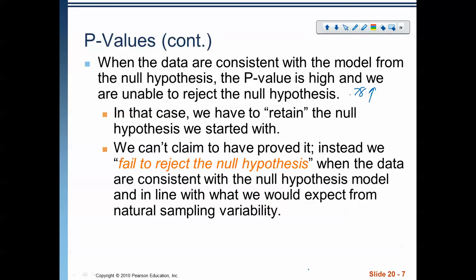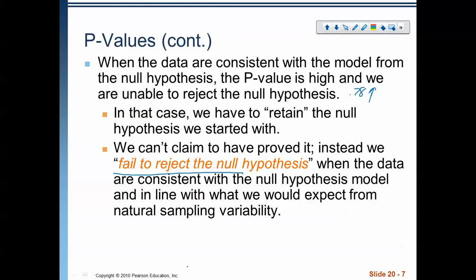However, when it's low enough, actually, before I say that, let's say this. Since we can't claim to have proved it, instead we say we fail to reject it when it's not inconsistent. Typically speaking, we don't say that the null hypothesis is true.